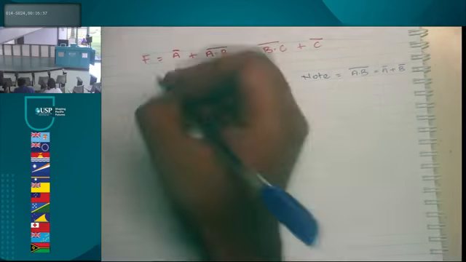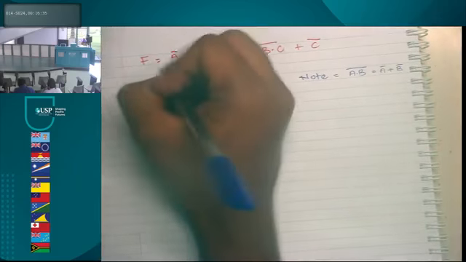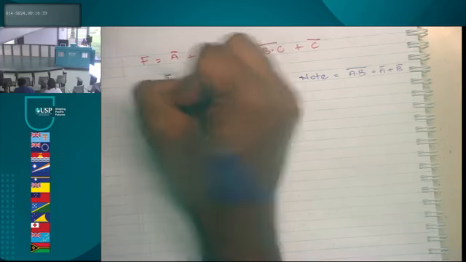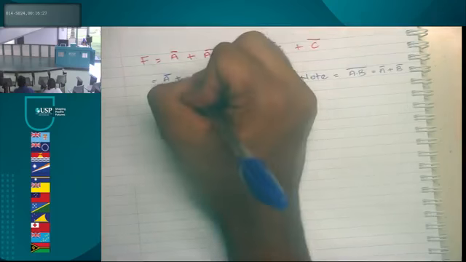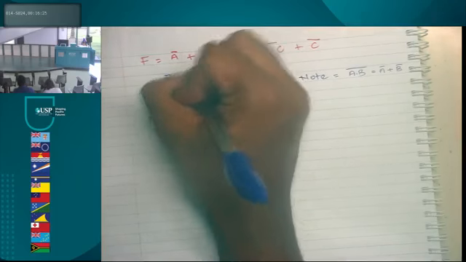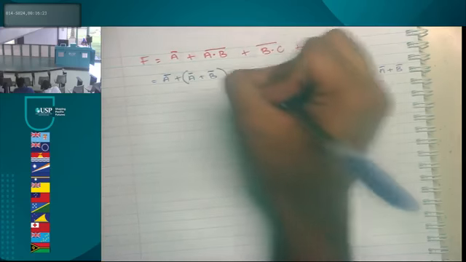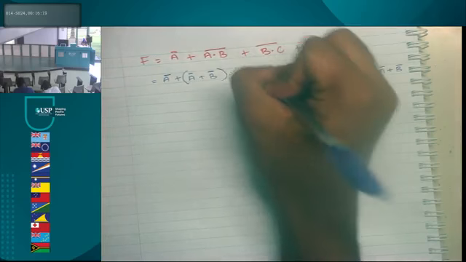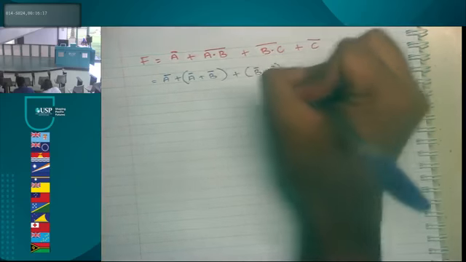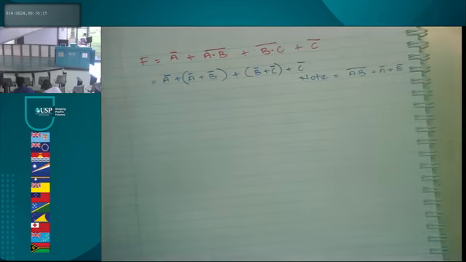So let's simplify this. You have A bar. I've just shown you the property of this, so this will change to A bar of B bar plus C bar.